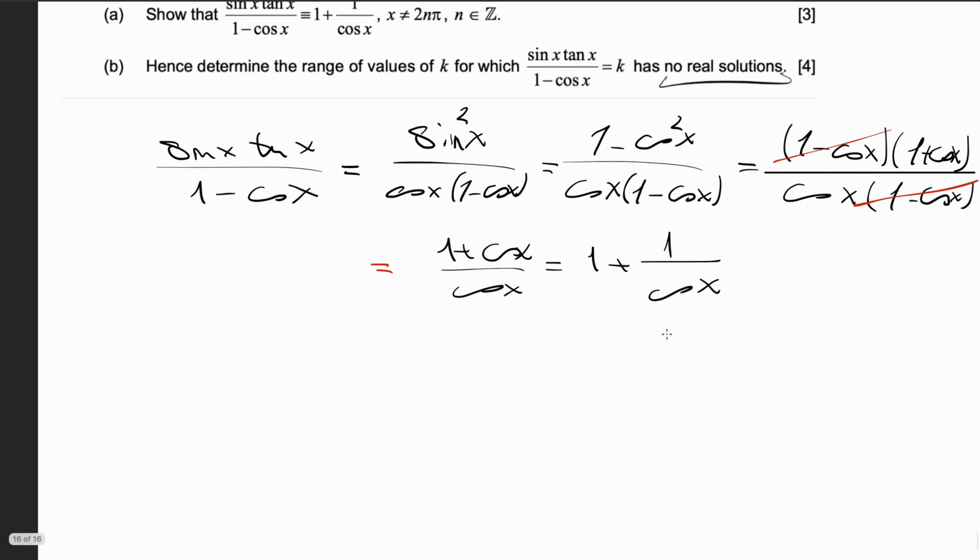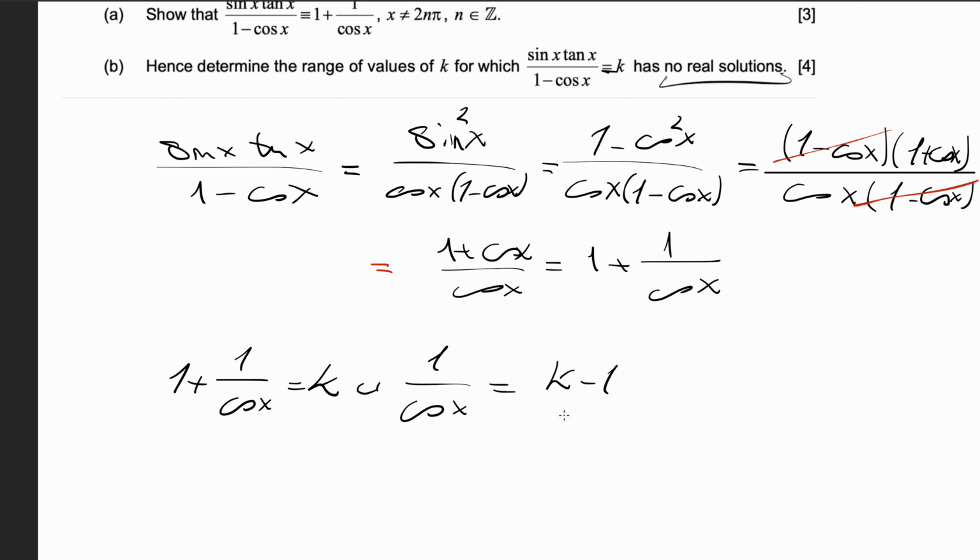On part B, we're asked to determine the range of values of k for which sine of x tangent of x over 1 minus cosine of x is equal to k and has no real solutions. Alright, so 1 plus 1 over cosine of x equal to k, and 1 over cosine of x will equal k minus 1.